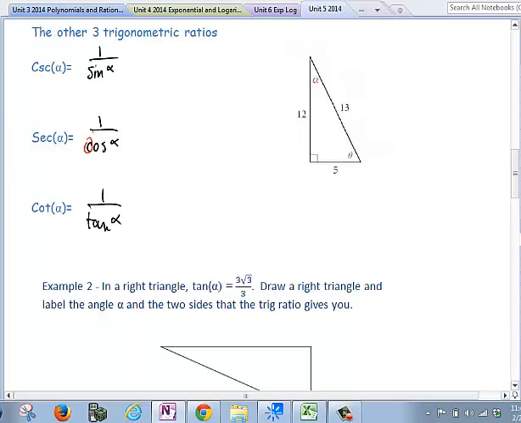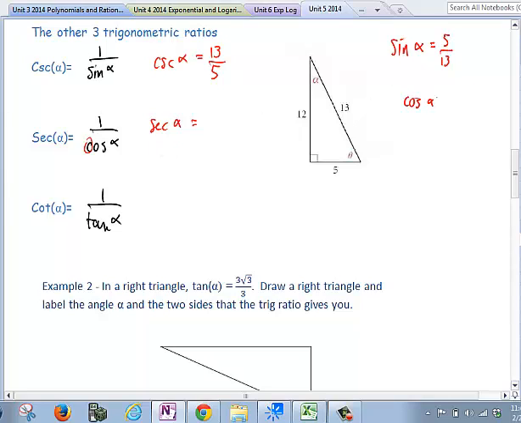So when you do the cosecant, if they ask for the cosecant of alpha, you know it goes with the sine ratio. Because the sine ratio of alpha before was 5 over 13, you know it's a reciprocal for cosecant, so you would say 13 over 5. When you have the secant ratio, you know that that deals with the reciprocal of cosine.